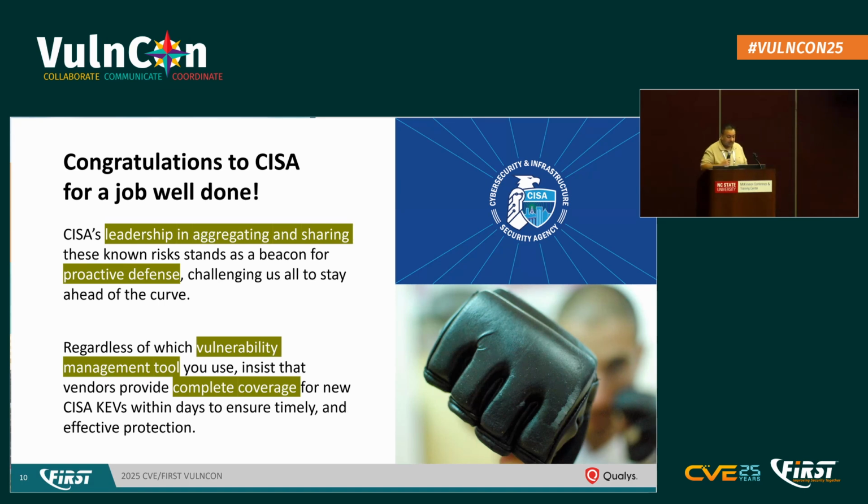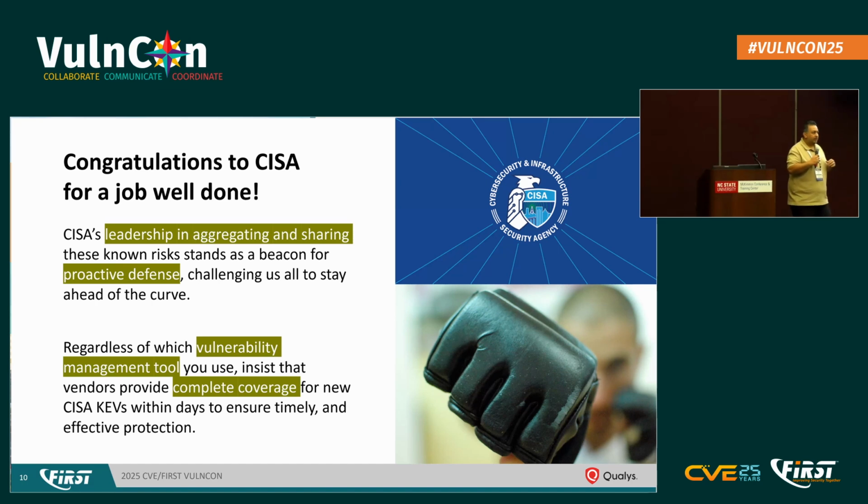And one very important fact here is that no matter what kind of vulnerability management tool you are using, you have to demand that they already have the coverage for these CISA KEVs.